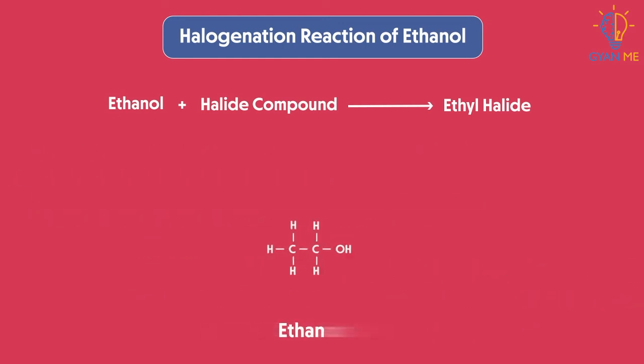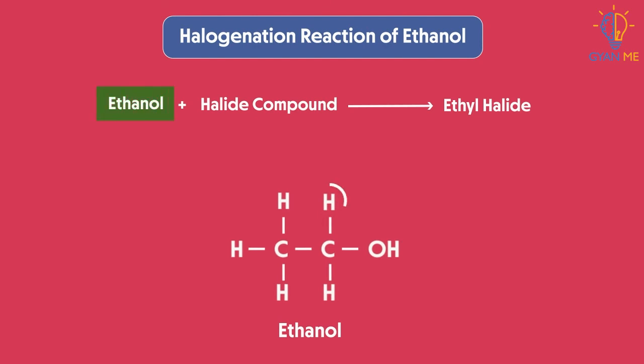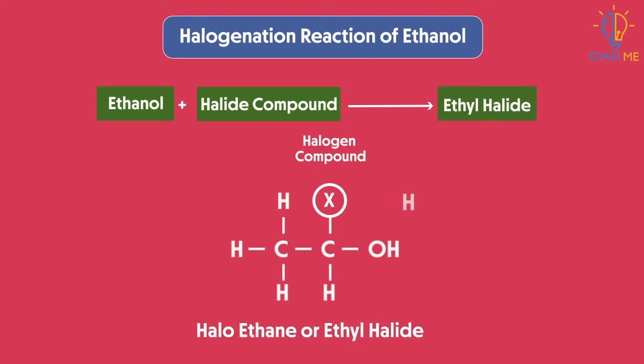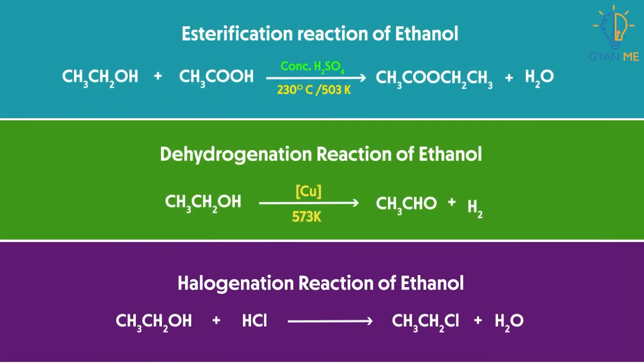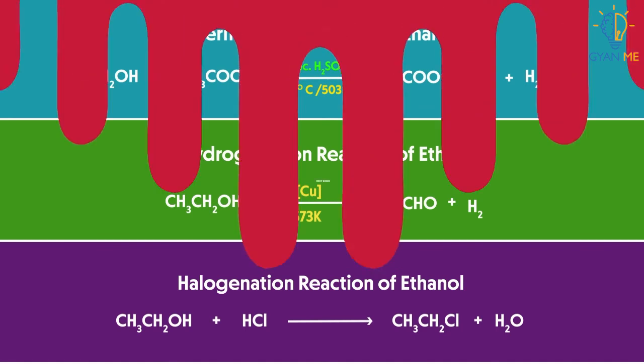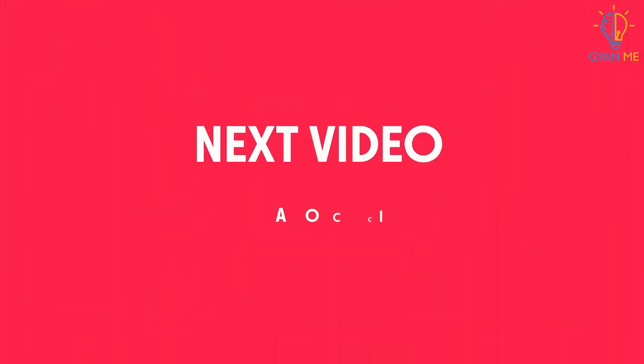Thus we can generalize that when ethanol reacts with a halide compound, it forms the respective haloethane or ethyl halide. This is how ethanol forms different compounds by reacting with different reagents. In the next video, we will learn about another important carbon compound, which is ethanoic acid.